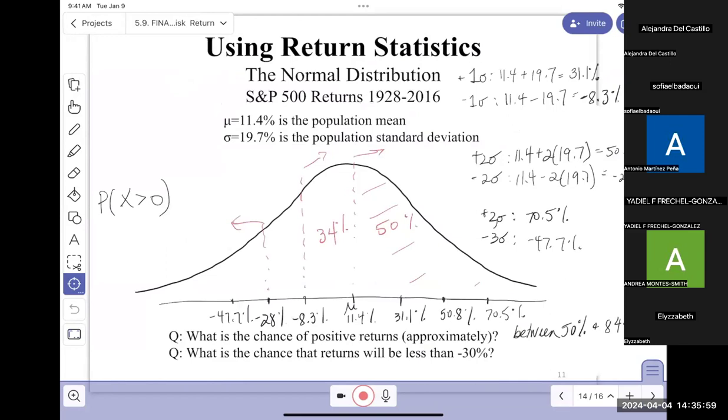I'm hoping this is ringing a bell for you. I'm going kind of fast. Just close to 2.5% will be lower than that because this is at 2 standard deviations below. So the chance that returns will be less than negative 30 is close to 2.5%.